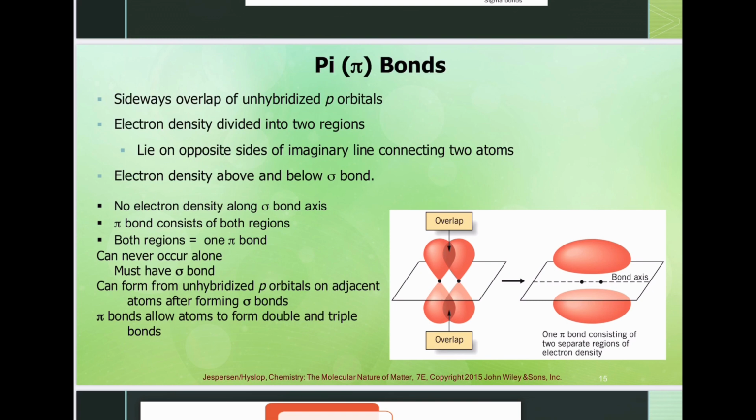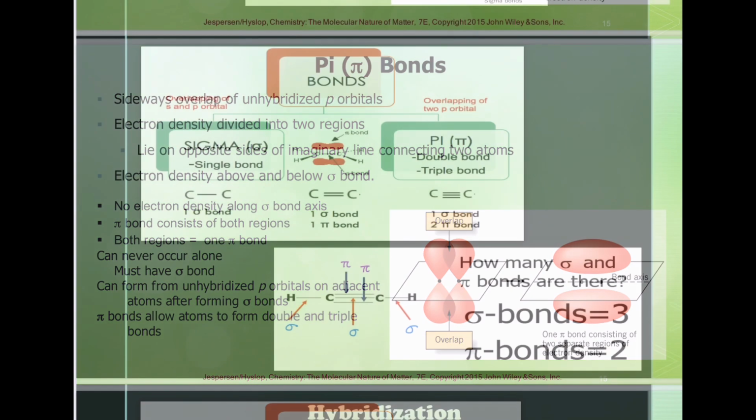Pi bond consists of both regions, equal, with one pi bond. Can never occur alone, must have a sigma bond, can form from unhybridized p orbitals on adjacent atoms after forming sigma bonds. Pi bonds allow atoms to form double and triple bonds.